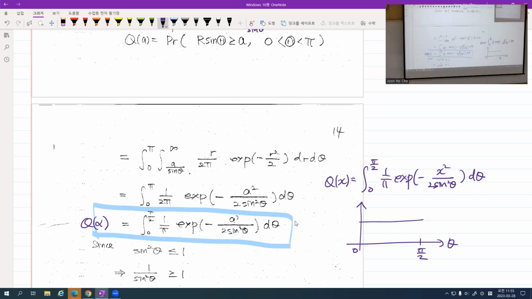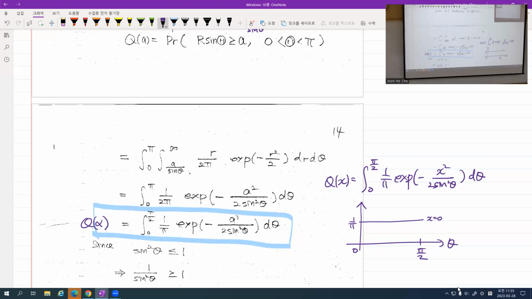So this is the graph of the integrand function when x equals 0, right? And then we integrate. So this is 1 over pi. So we integrate, and then what do we get? 1/2, as we expected.